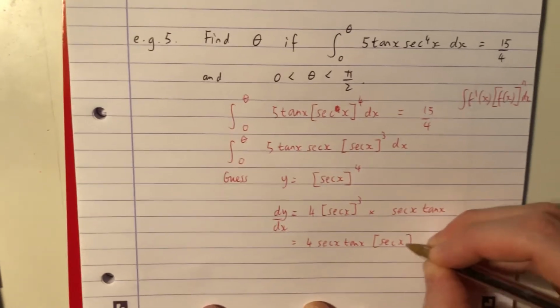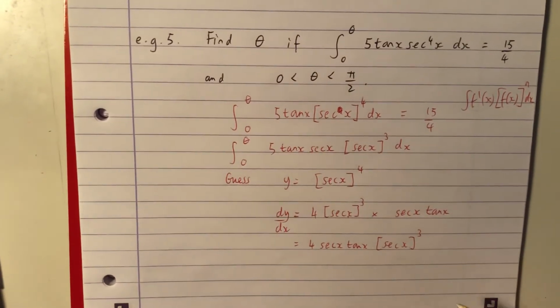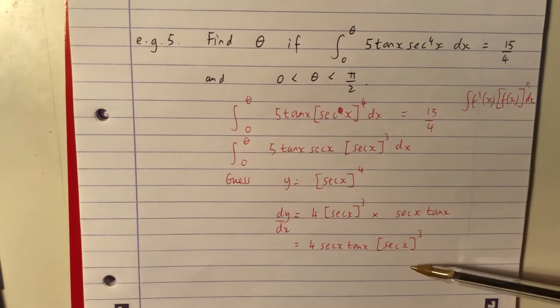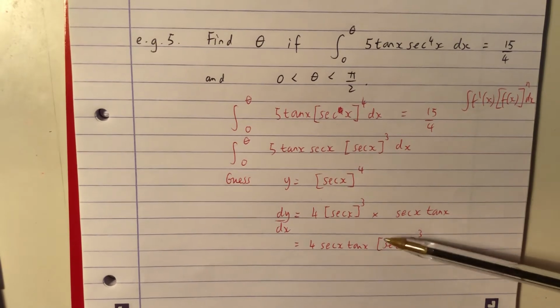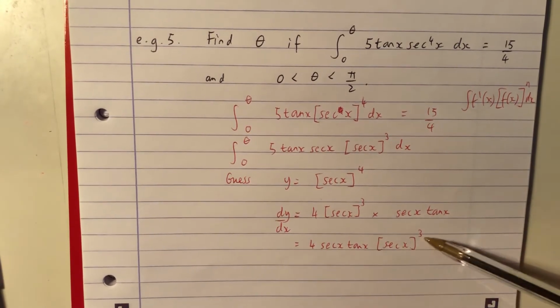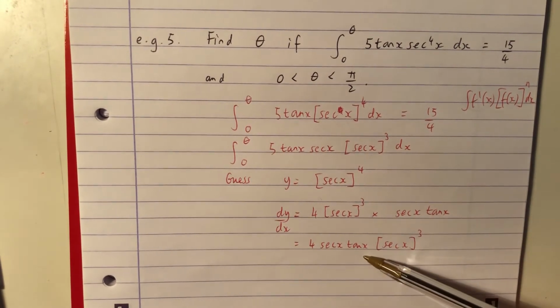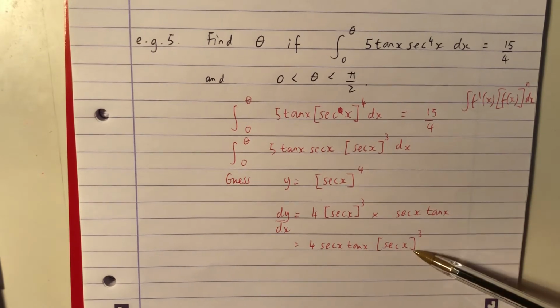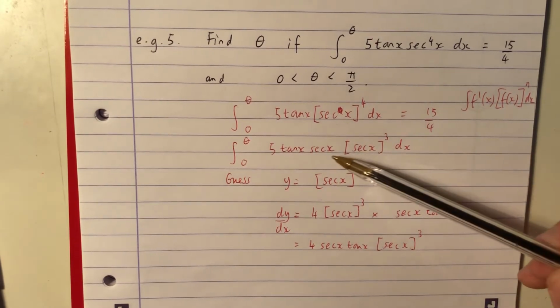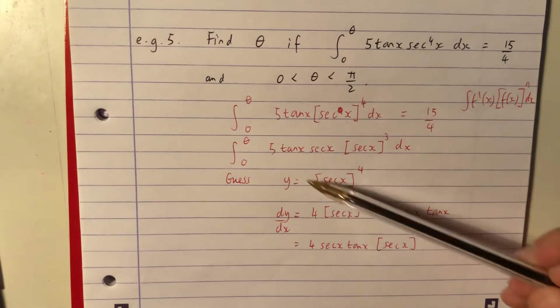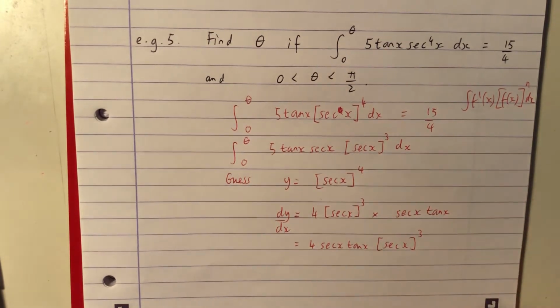Not the tidiest. I could probably simplify that, but if I just want to make the comparison to what I want to get, I guess it's giving me a 4 sec x tan x, sec x cubed. I want a sec x cubed, I want a tan x, I want a sec x, but I want a 5 instead of a 4.